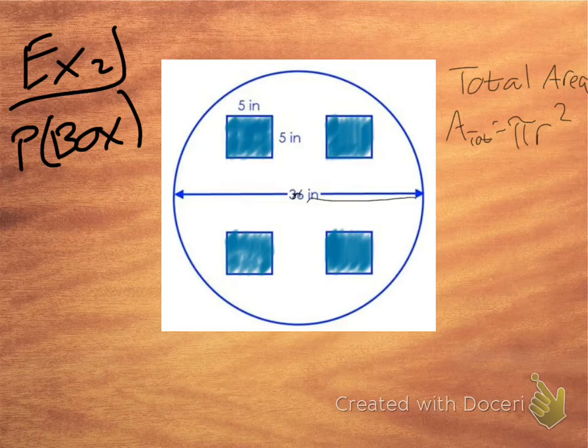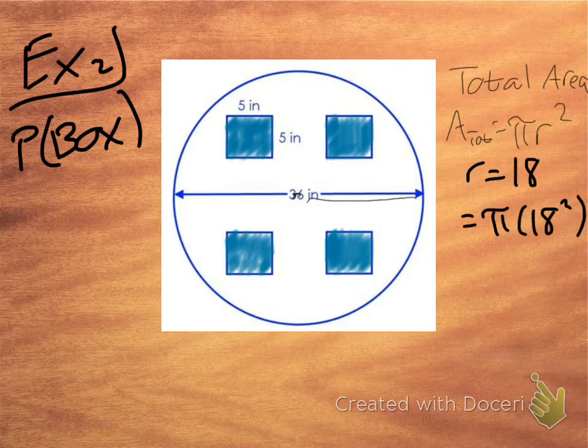We know the diameter is 36, which means that the radius must be 18. The radius is 18. So if we're looking at the total area, we would get pi times 18 squared. Again, I'm going to leave it exact because I don't care about the decimal.